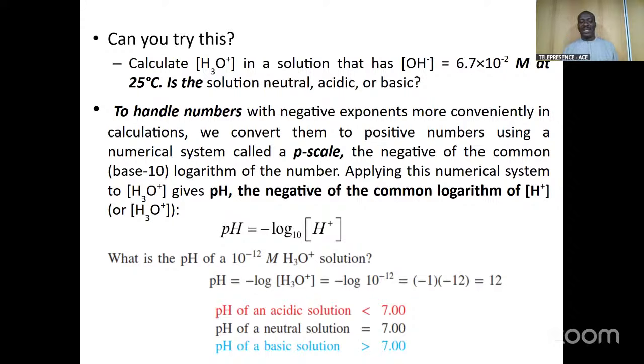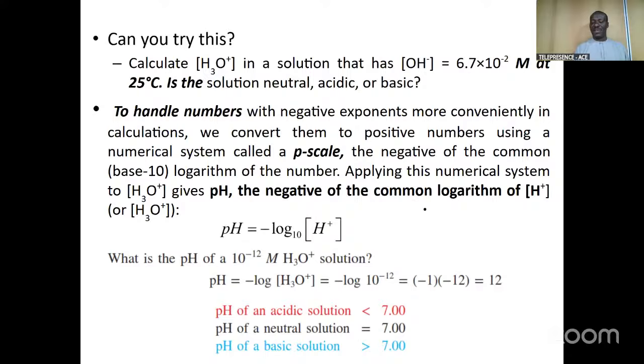And so we say pH is minus log to base 10 of the hydrogen ion concentration, which is equal to minus log to base 10 of 10 raised to power minus 12. Don't forget what you were taught in secondary school about logarithms.